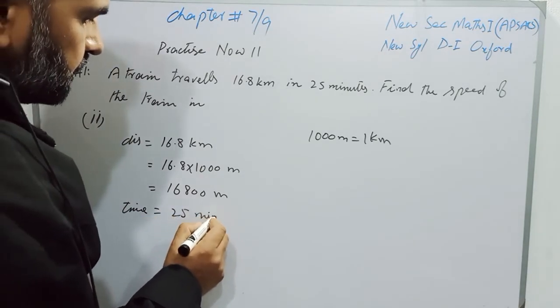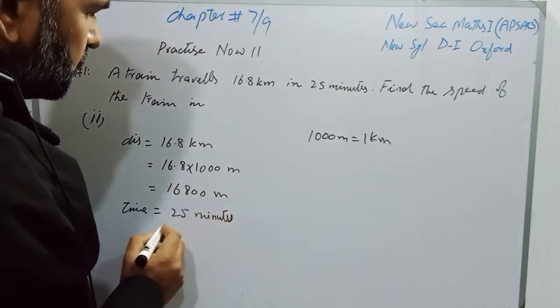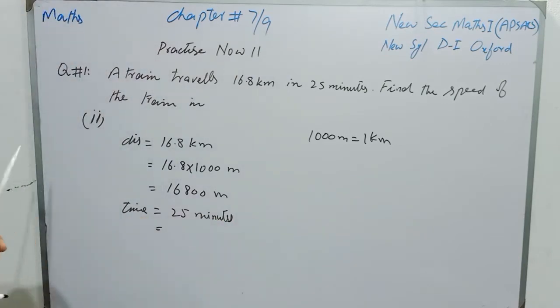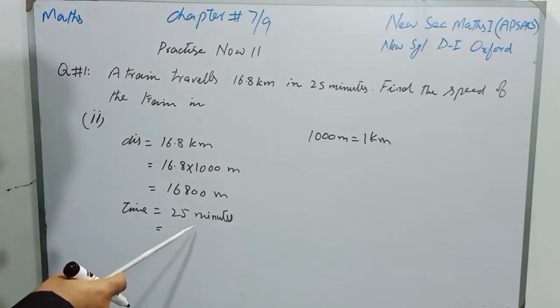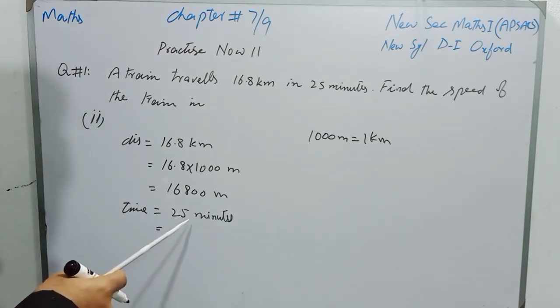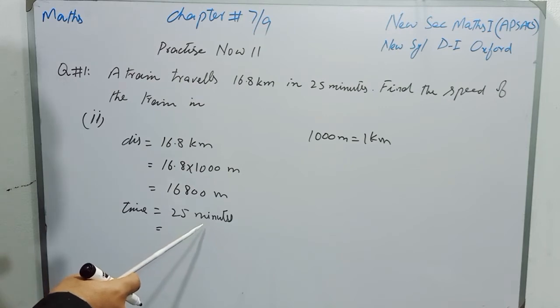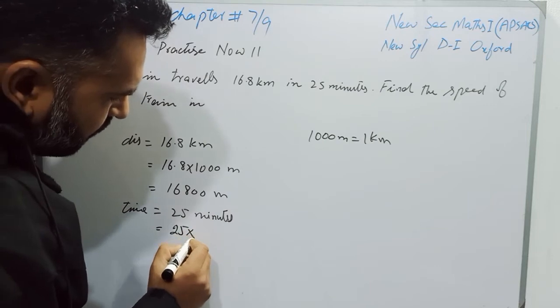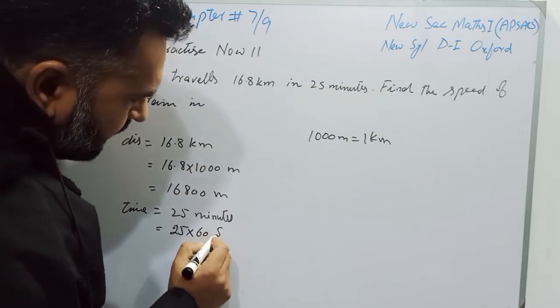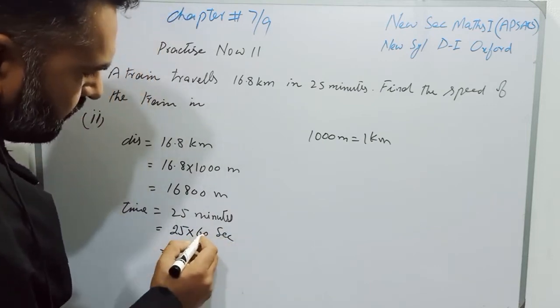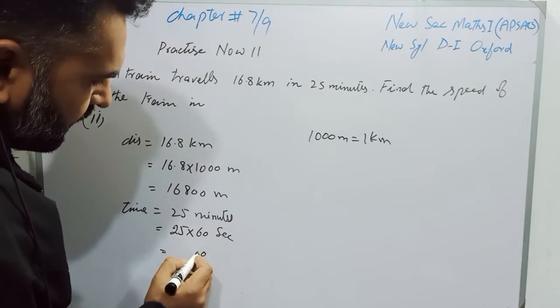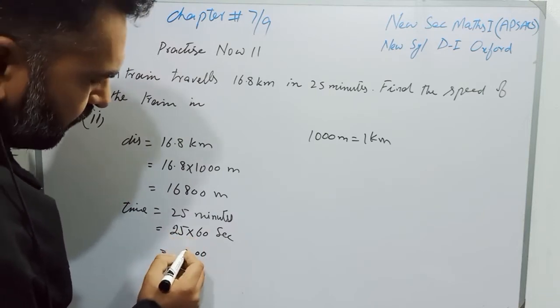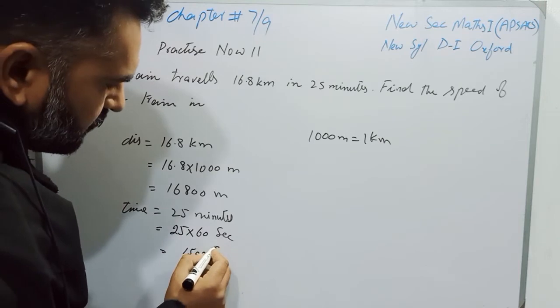And I will convert time into seconds, because in the second part we have to find the speed of the train in meter per second, and you know very well that 60 seconds make 1 minute, so it will become 25 multiplied by 60 seconds. 0, 6 fives are 30, 3 carry, 6 twos are 12 and 3 is 15, so 1500 seconds.